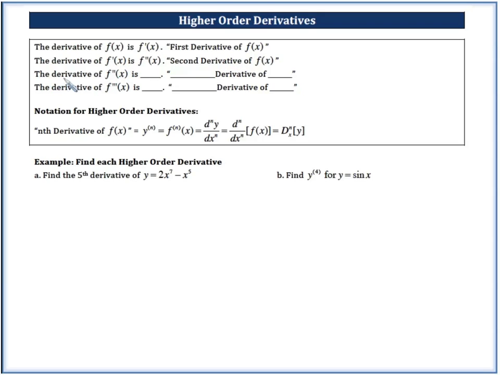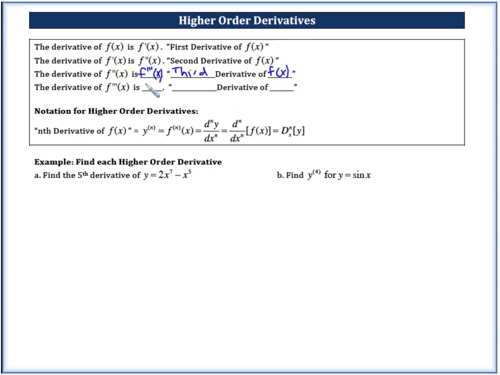So look at this one. The derivative of f double prime of x would be f triple prime of x, and we would call this the third derivative of f of x. Now the derivative of f triple prime of x is, well, no, it's not f quadruple prime.